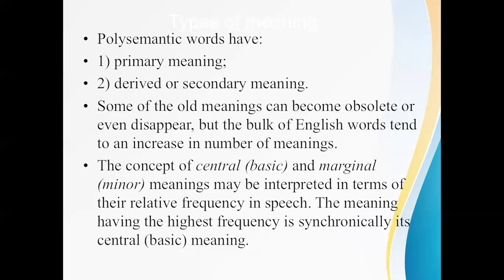The concept of central, basic, and marginal, minor meanings may be interpreted in terms of their relative frequency in speech. The meaning having the highest frequency is synchronically its central or basic meaning.